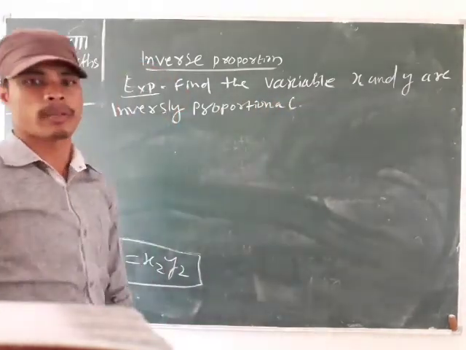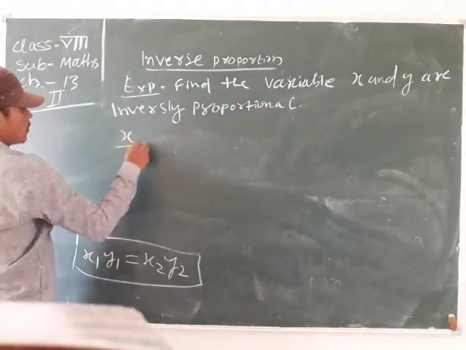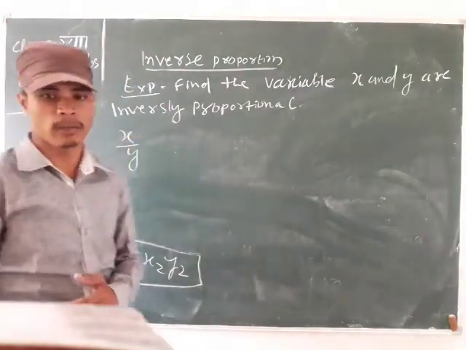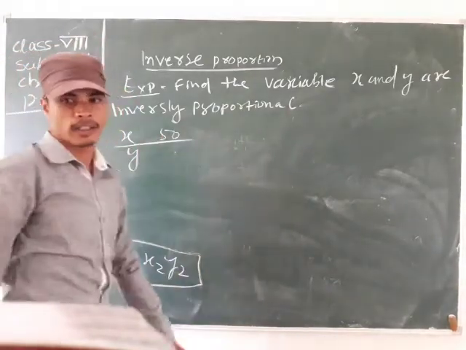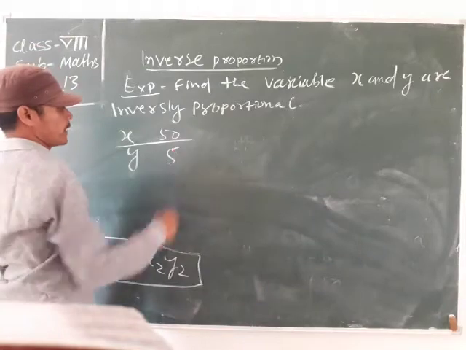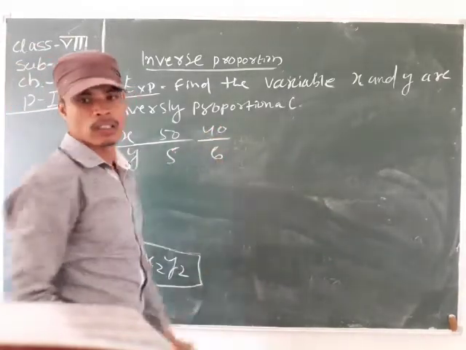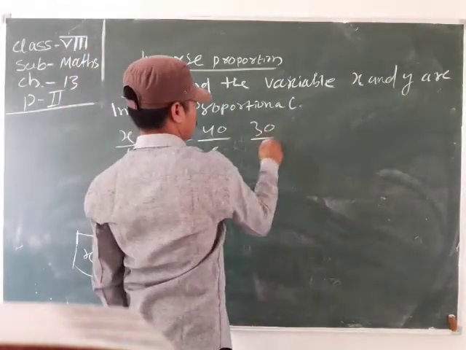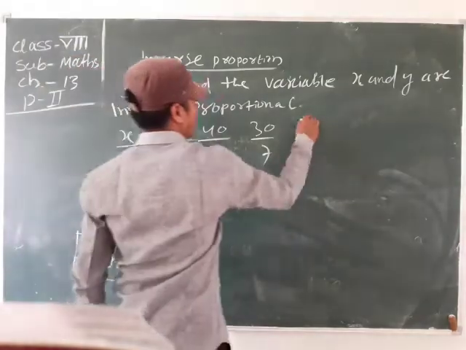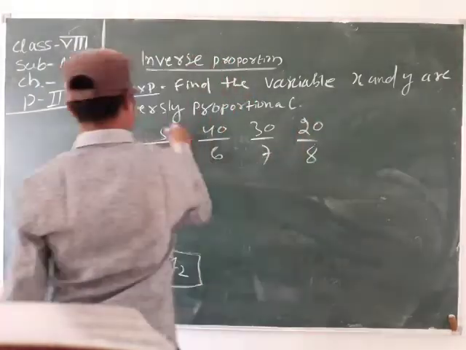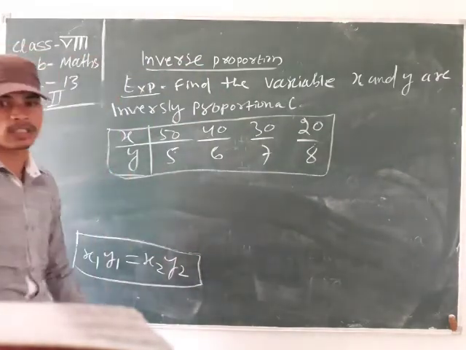A table is given with x and y: x equals 50, 40, 30, 20 and y equals 5, 6, 7, 8. This is the question. Now the solution.